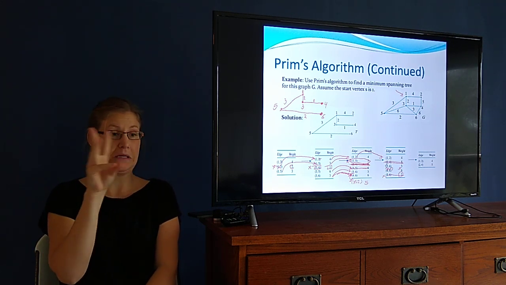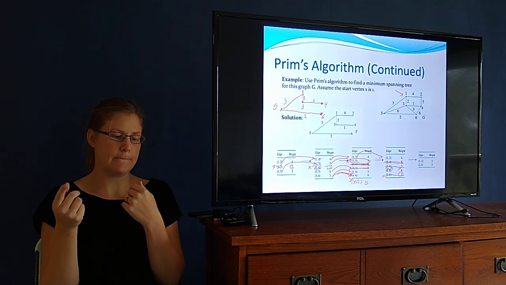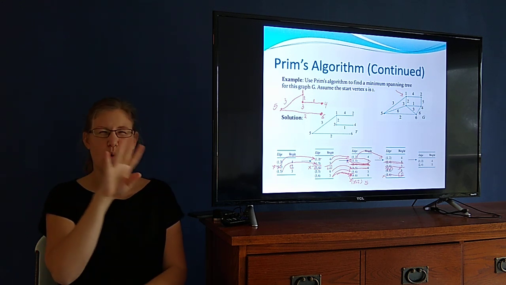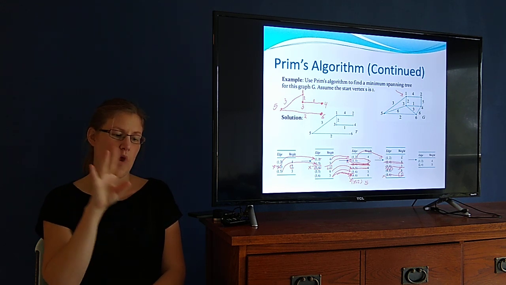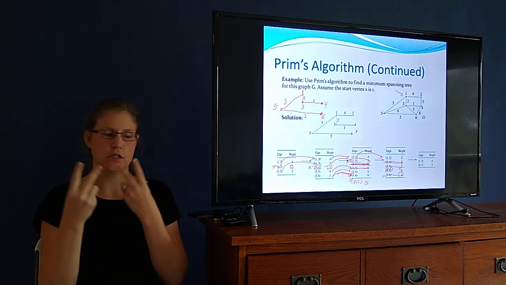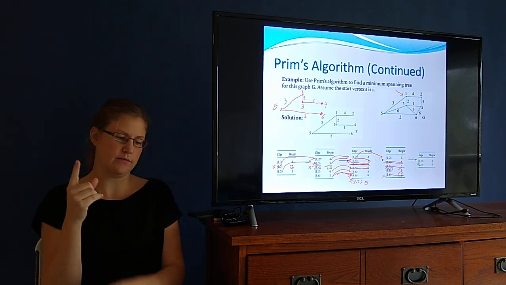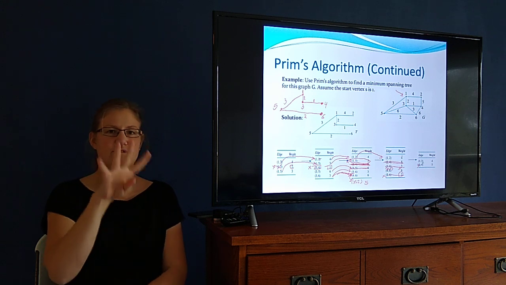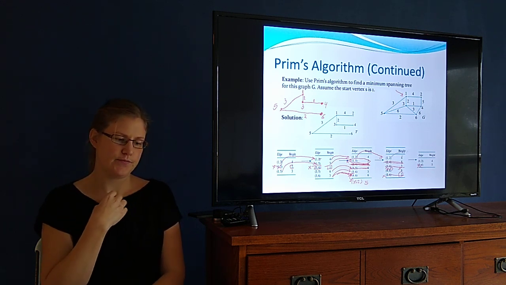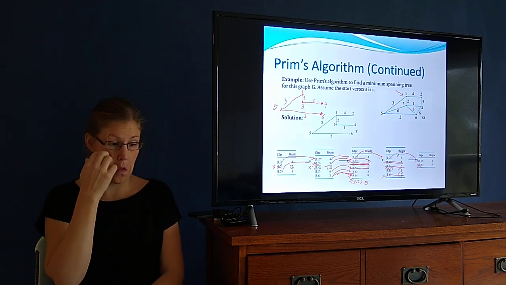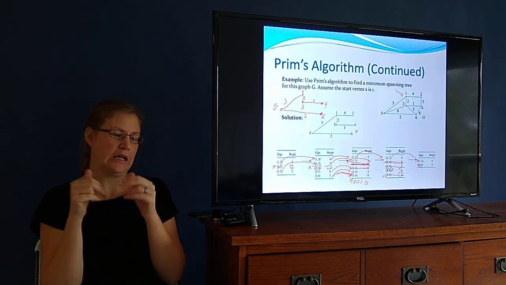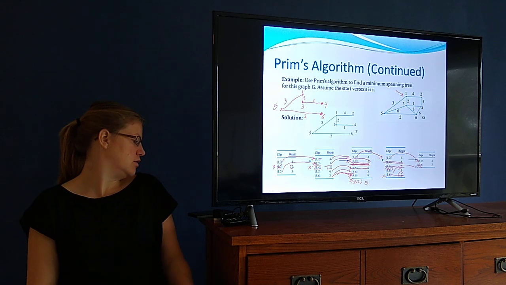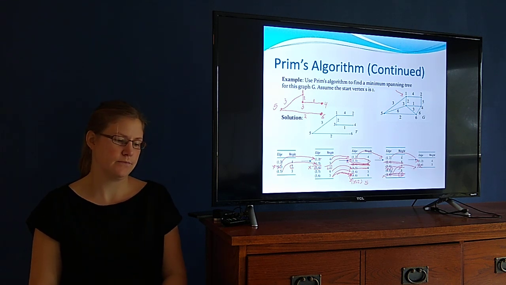Both of them are visited. How about 4 and 2? 2 is not visited, so we need to include them. This is 4 and this is 2. This is for the next iteration, or for the next constructed table. And this one and this one should be deleted.